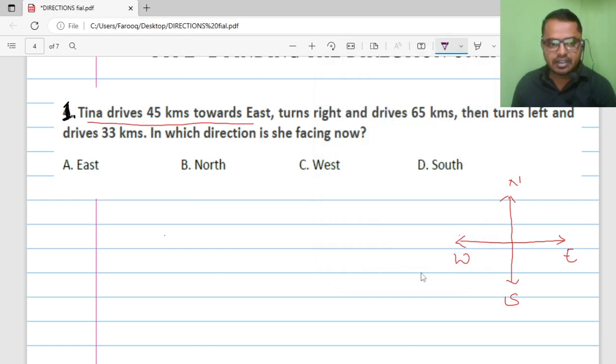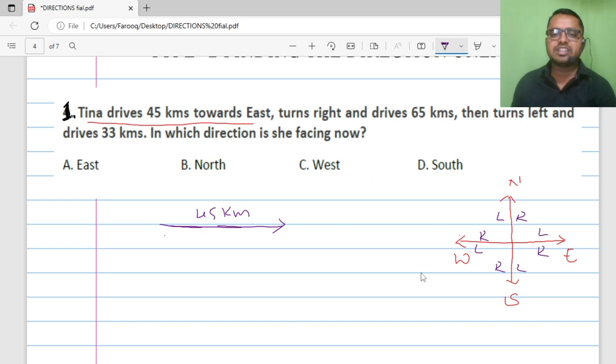Tina drives in the east direction. How many kilometers? 45 kilometers in the east direction and turns right. One more thing, we have to remember left and right directions.